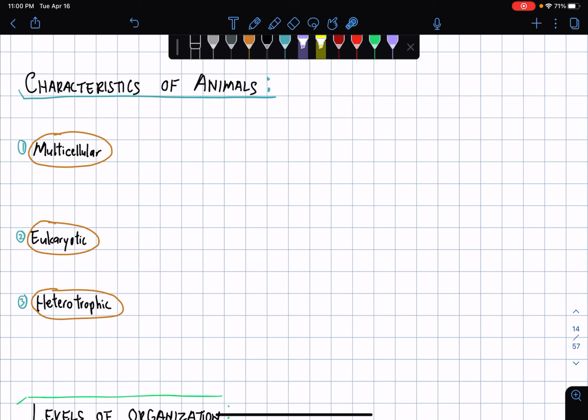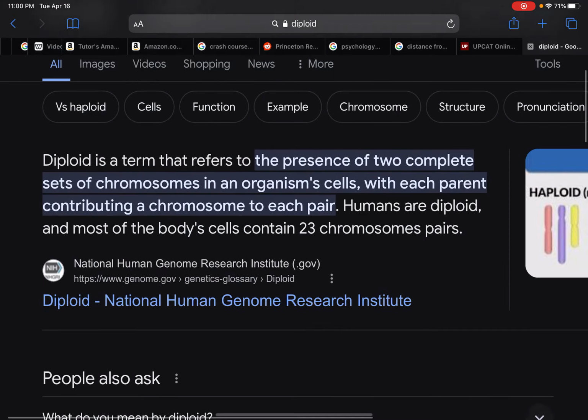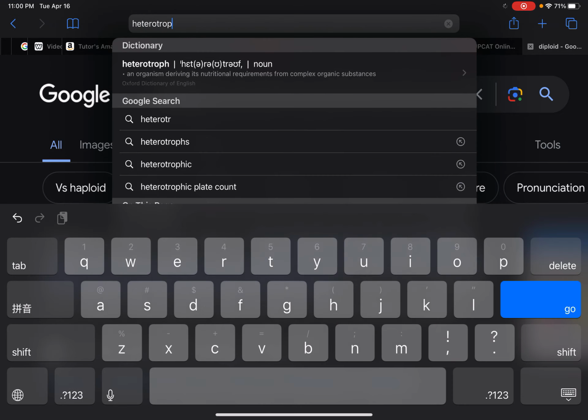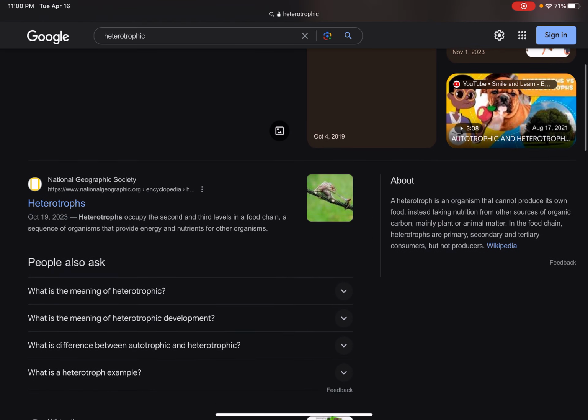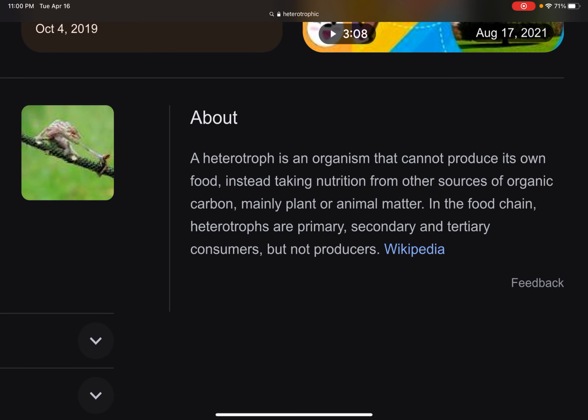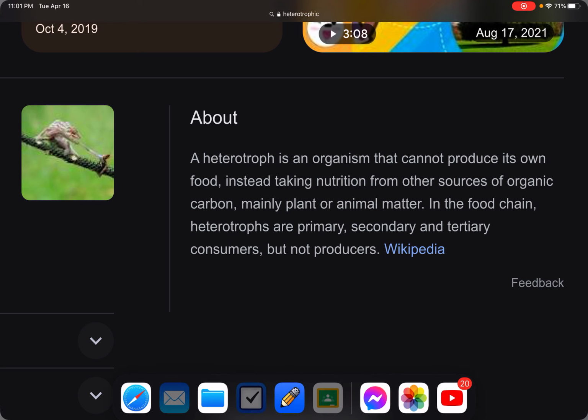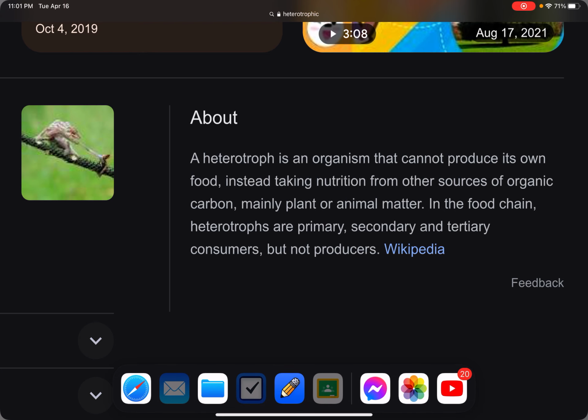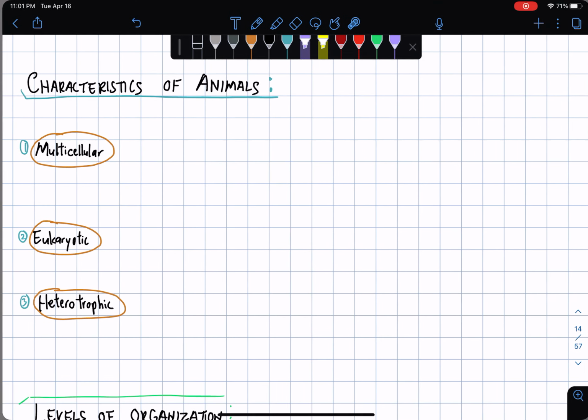One is by catching prey or by making food. Let's just search it. Okay, so heterotrophic means it's not able to produce its own food, unlike autotrophs or plants. So it relies on the food chain. They are basically consumers, not producers.